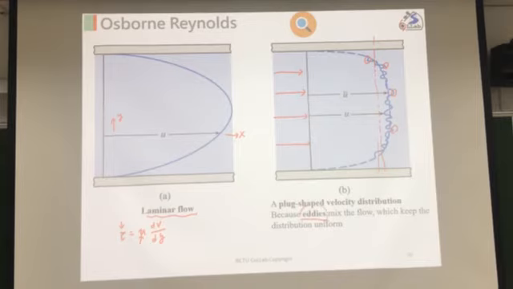Until now, there are no mathematical equations to describe turbulent flow, because the fluctuations are random, so we cannot accurately predict the fluctuation velocities.